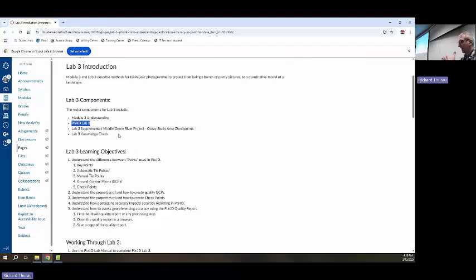The Pix4D Lab 3, straight out of the lab manual, that's an important element of this lab. And then this Lab 3 supplemental, the Green River Project, Urea Study Area checkpoints. And really this is a page that I will develop and is not currently developed.